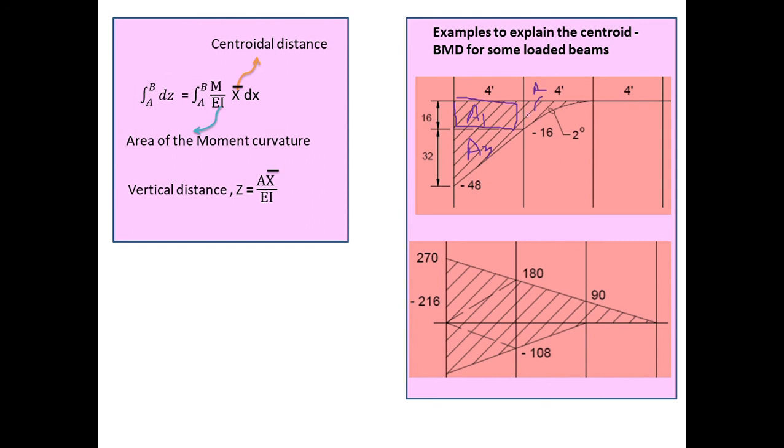So we have 3 different areas. Each area will have a different centroidal distance from the reference line, that is x1, x2 and x3.